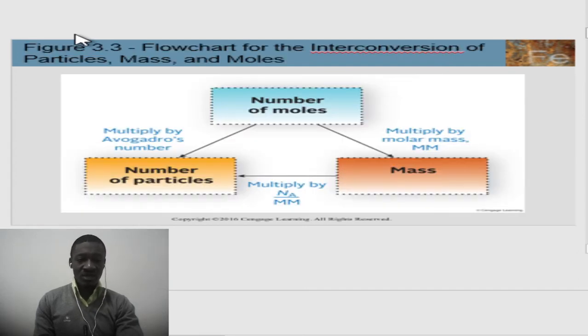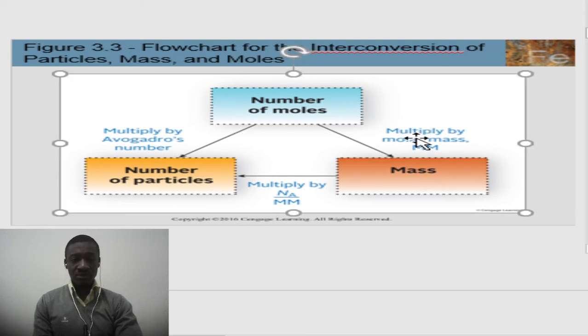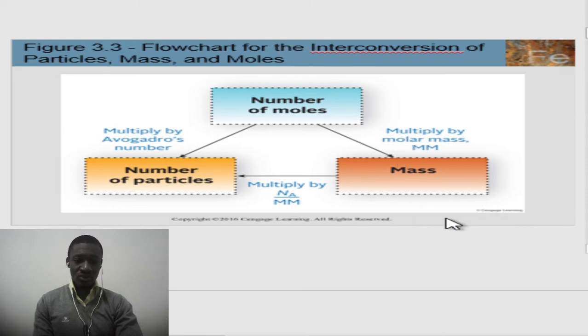So now we have a flow chart as usual that shows us the connections between the number of moles, the mass, and the number of particles. If you want to find the mass, you have to multiply the number of moles by the molar mass, and then you have the mass, of which we know that formula.